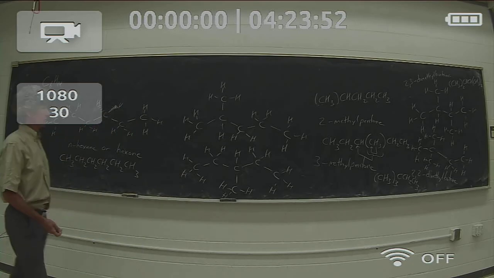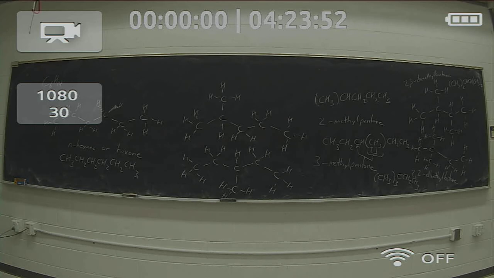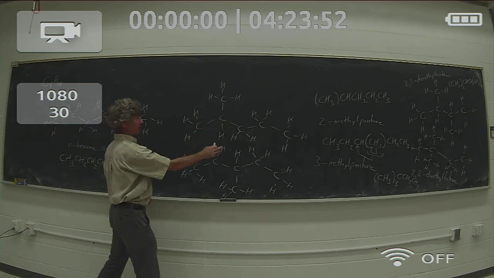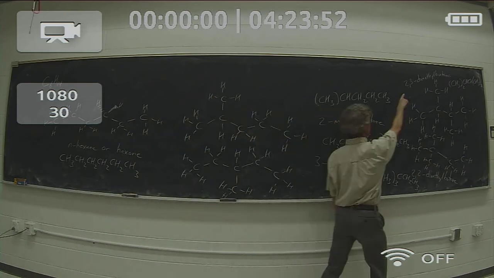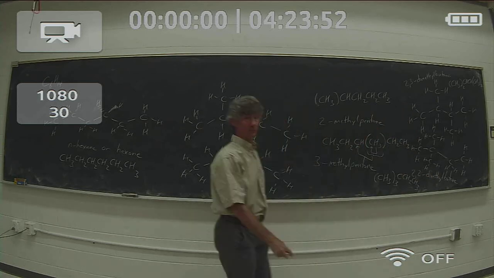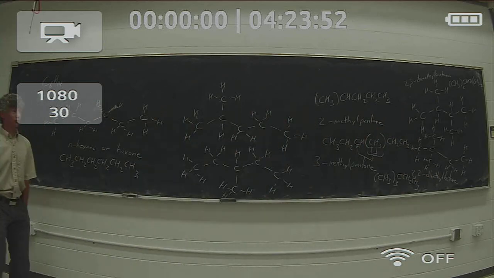So condensed formulas allow us to distinguish between n-hexane, 2-methylpentane and 3-methylpentane, and 2,3-dimethylbutane and 2,2-dimethylbutane, which are the other possible structures.